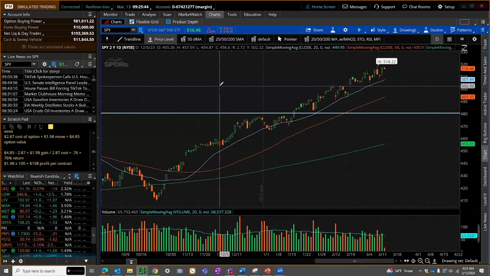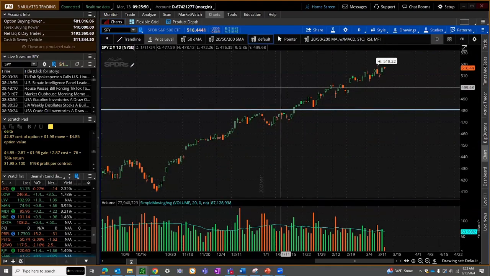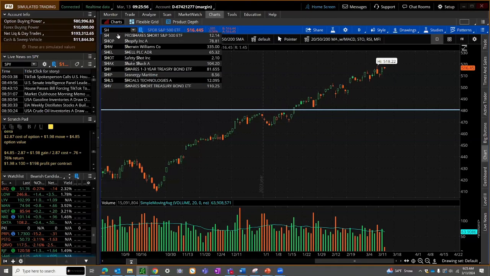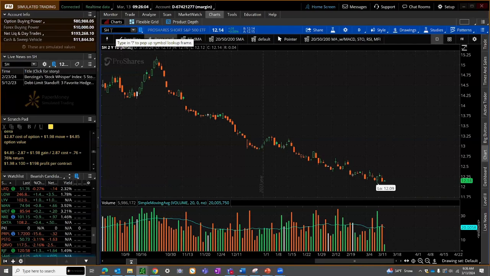In fact, the symbol for that is SH, for short. So notice as this has been moving up higher, a bearish security would be going the other direction. If I bring up SH, which shorts the S&P, you'll see it says ProShares Short S&P 500 ETF. If I hit enter for that, it's the inverse, right?